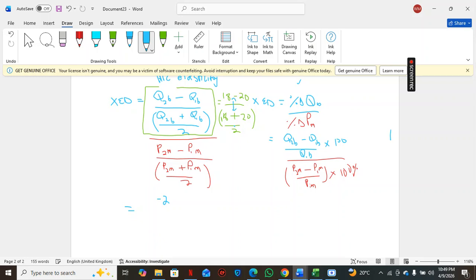First, you do 18 plus 20, that is 38. 38 divided by 2 is 19. So negative 2 over 19 here. Any questions, colleagues?